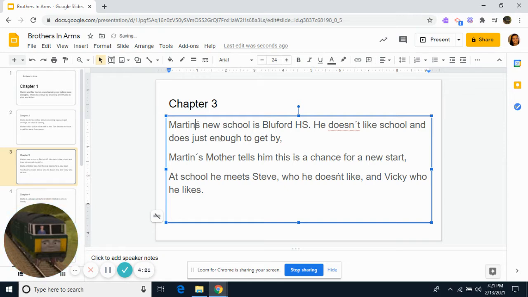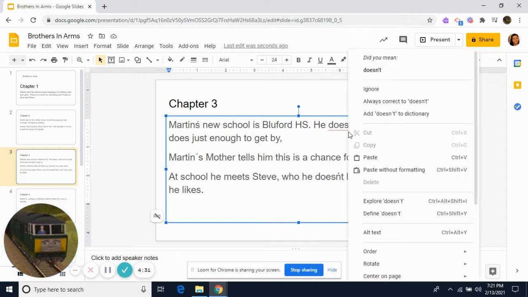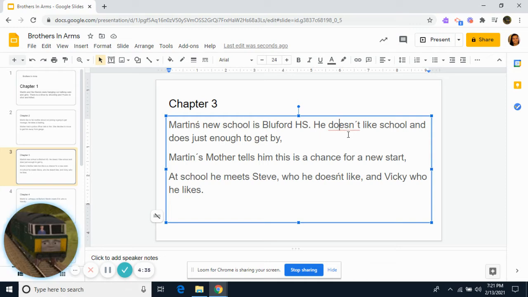It says Martin's new school, and there's an S with something Spanish related to it. I spelled doesn't wrong, so I'd rather just say it. This is translated the wrong way. I did not even put anything for the end of the period.